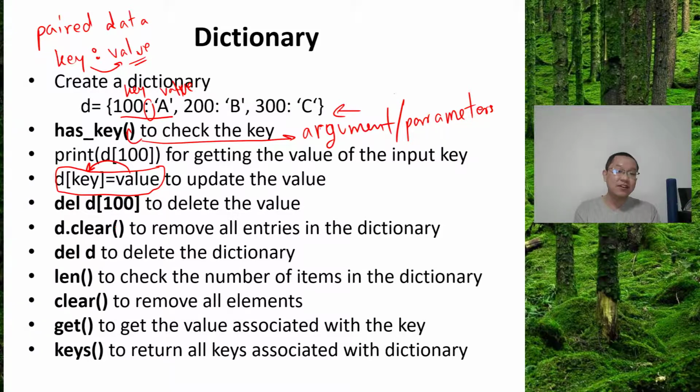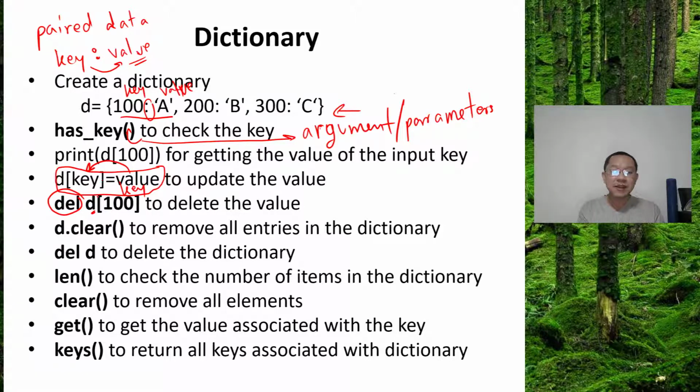You can delete the value by using the del reserved word. This is a reserved word that we learned last week, and this is the name of the dictionary, and inside this square bracket is the key.